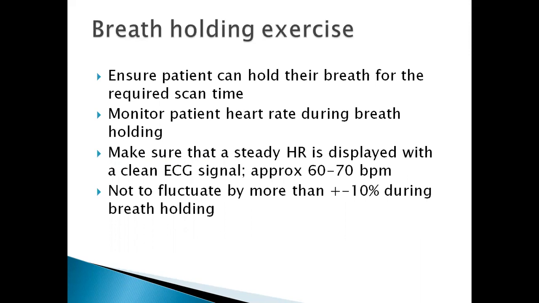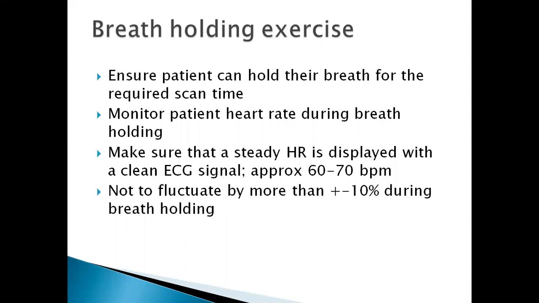So ensure that this patient is able to hold their breath for the required scan time, and you monitor the heart rate during this time. Approximately, the heart rate should just vary between 60 and 70.